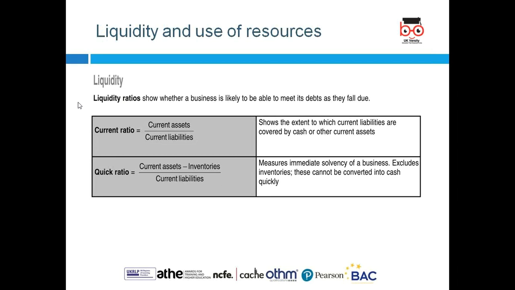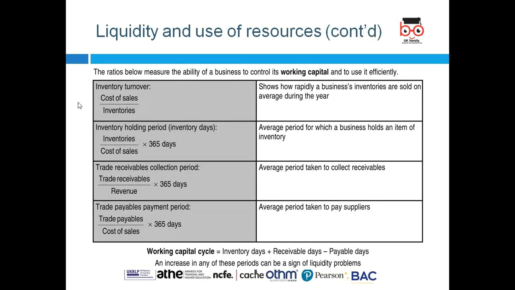Liquidity ratios deal with the most liquid assets, like I explained earlier in 2.1: current assets divided by current liabilities. Quick ratio: current assets minus inventory divided by current liabilities. Cost of sales divided by inventory shows how rapidly the business's inventory is sold on average during the period, which is quite good.